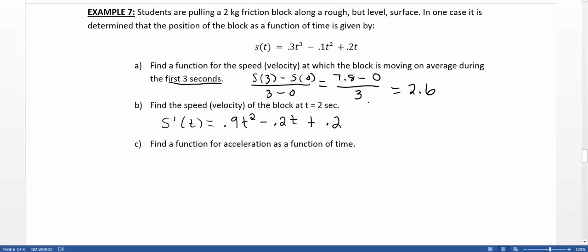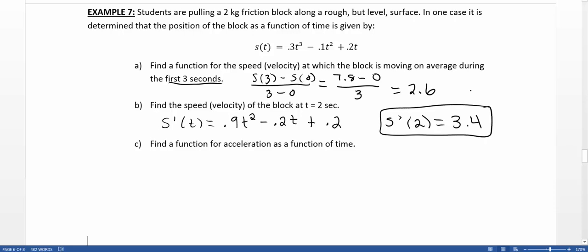So we have a formula now for the derivative. We didn't have to approximate it really close to 2 by using things like 1.99, 2.01. Instead, we get the derivative function, and then we can calculate the velocity by just plugging in a 2. When we crunch those numbers, we get 3.4. So we were able to find an exact velocity rather than an approximated one because we now have a formula that lets us do polynomial derivatives.